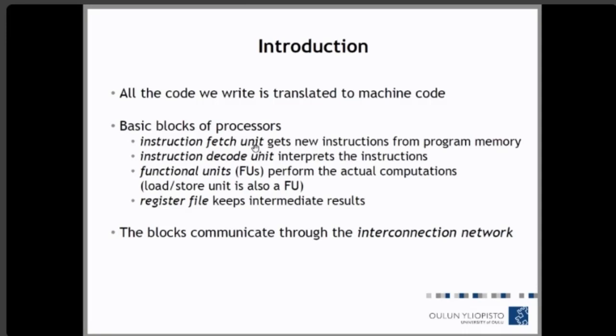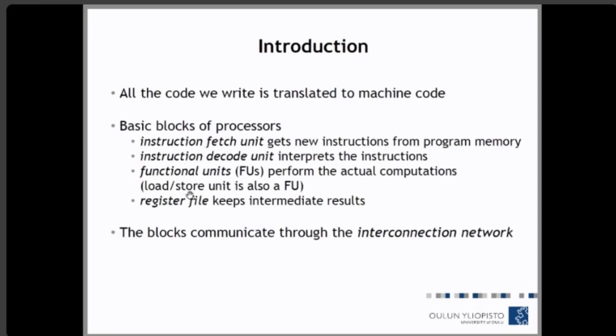If we decide that it's an add operation, there should be two numbers that we add to each other and one destination. So where does that source reside: in the memory, in the cache, in registers, or is it an immediate value, and where do I have to write to? These things are decided here in instruction decode.